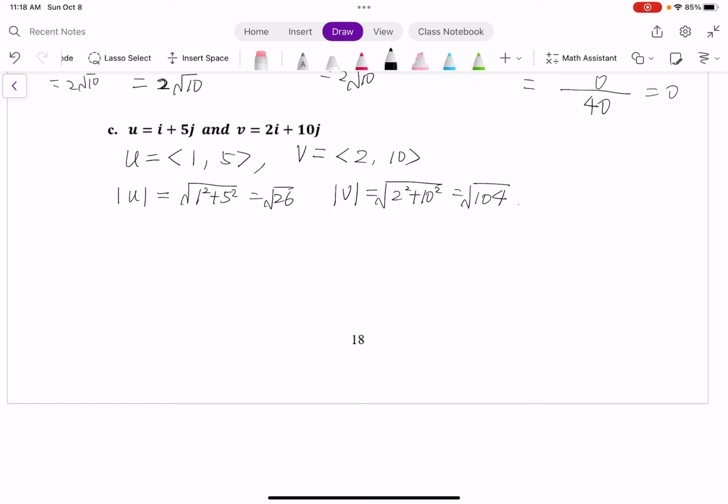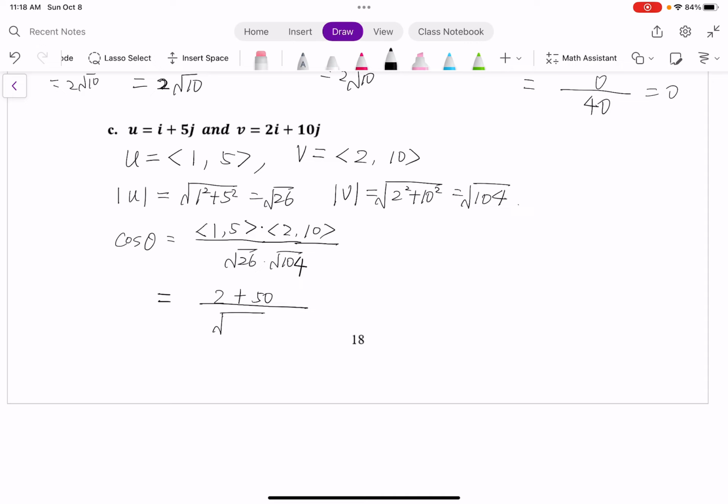The formula for finding cosine theta is u dot v, 1, 5 dot 2, 10, all divided by square root of 26 times square root of 104. Then do the dot product on the top. I got 2 plus 50, 52.